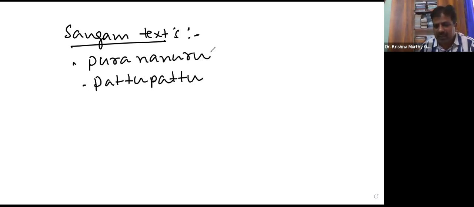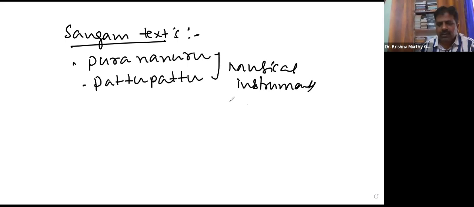These popular texts of the Sangam age reveal the significance of the various musical instruments of ancient South India. So that's an important thing.